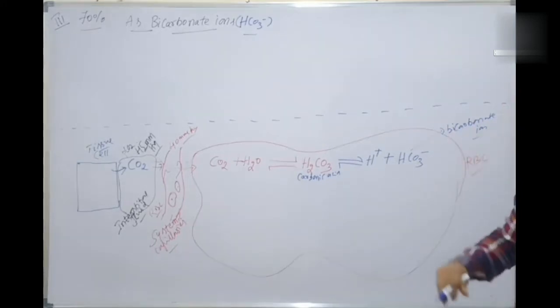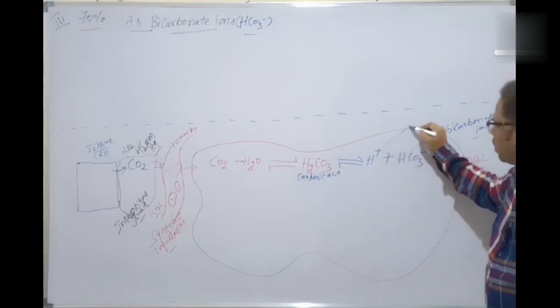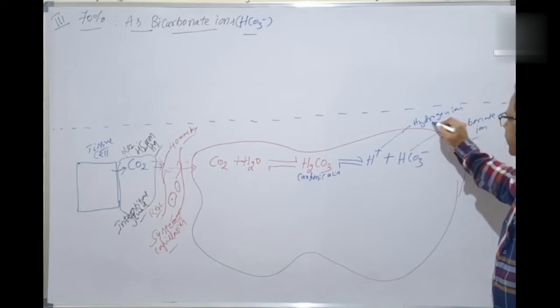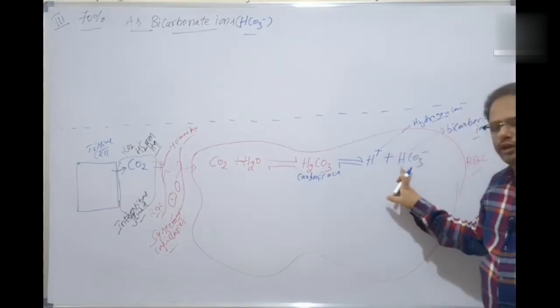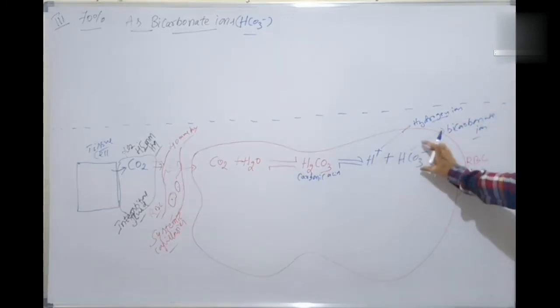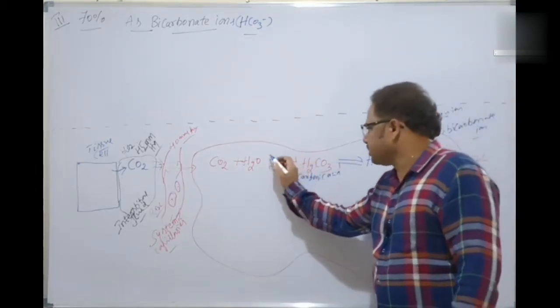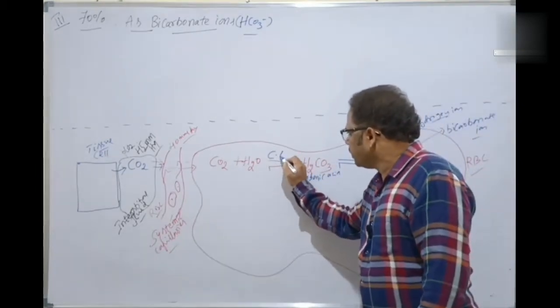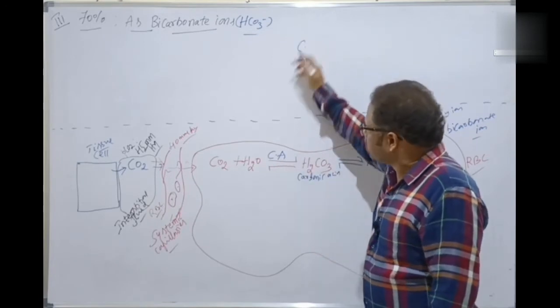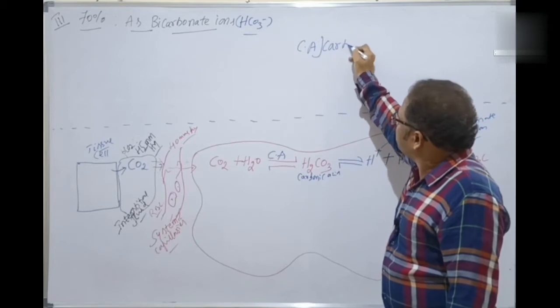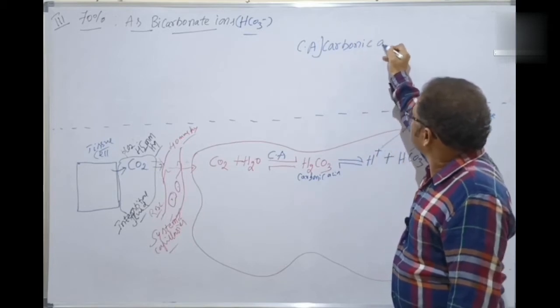This is a hydrogen ion. This reaction occurs in the presence of carbonic anhydrase. What is Ca here? There is no space, that's why I am writing it here. Ca means carbonic anhydrase.